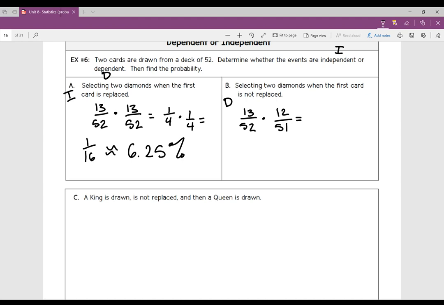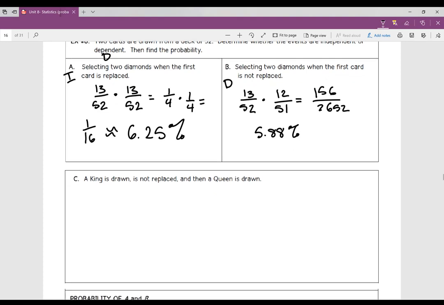I get 156 over 2,652, which is 5.88%. So it dropped. Do you see that?